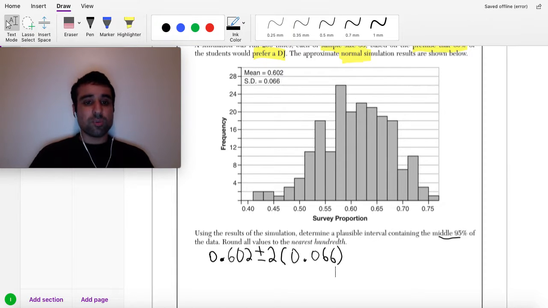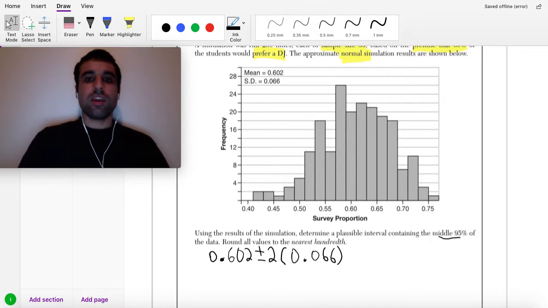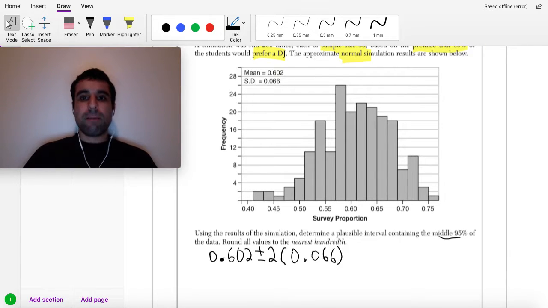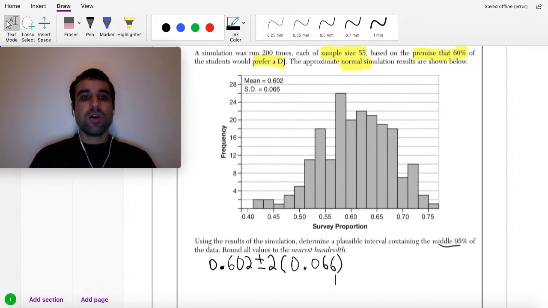What this gives us is, if we have a proportion of 60%, 95% of the time, what do we expect the proportion of people who prefer the DJ to be?